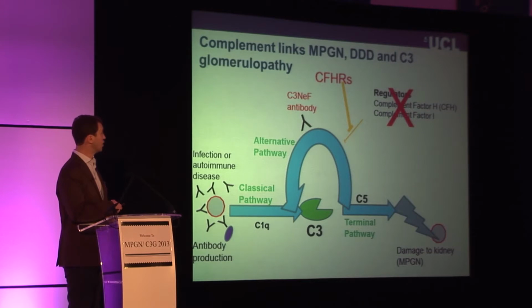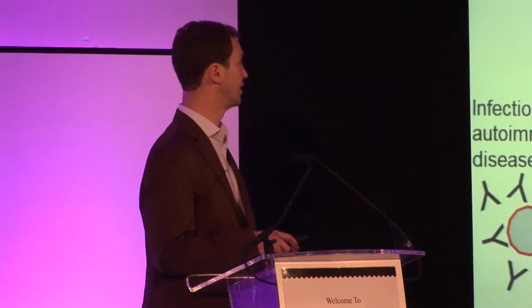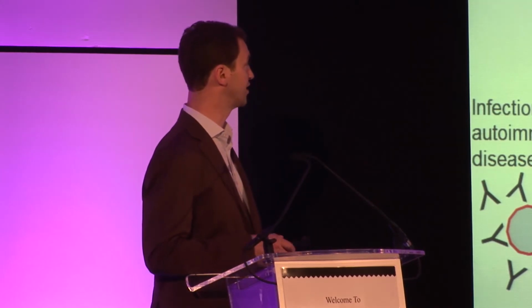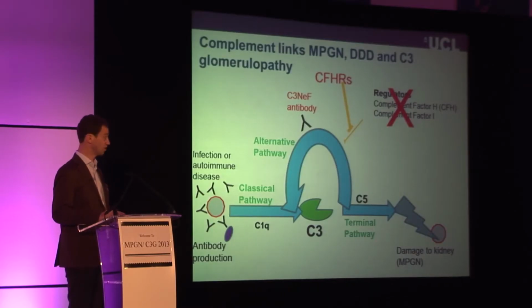Clearly, if an antibody is causing activation of the alternative pathway, the treatment might not be the same as if there's deficiency of a protein that normally regulates the complement pathway. And obviously, if there's a change in a gene, this has implications for whether other members of the family might be at risk. That really depends on the nature of the change of the gene.